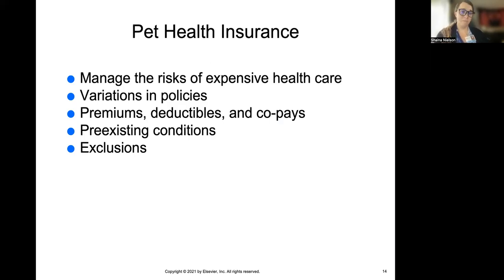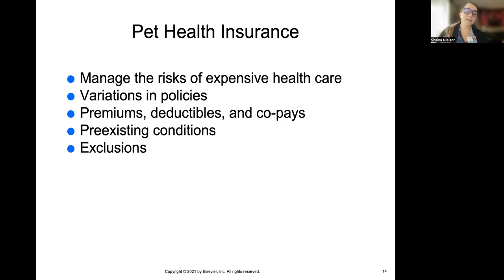And one thing to note, the one downside of pet health insurance is they do not cover pre-existing conditions. So if your patient got diagnosed with parvo, and then you go to a pet insurance company and try to get insurance, they will cover everything except for parvo because you're already coming to them pre-diagnosed.